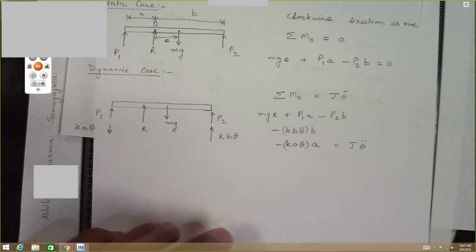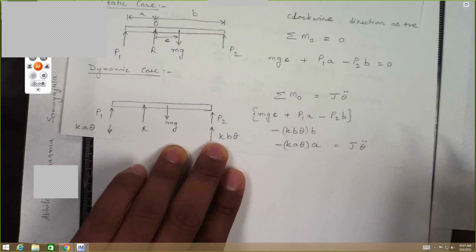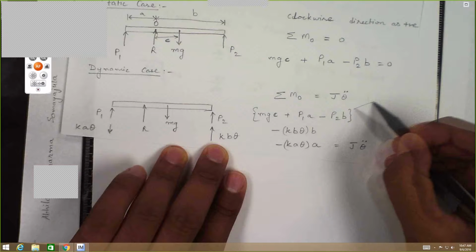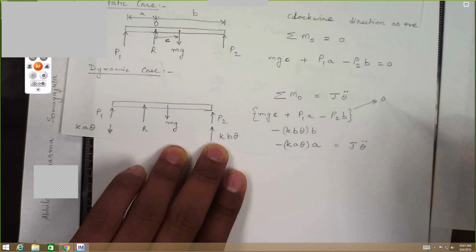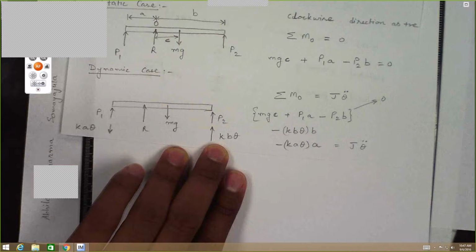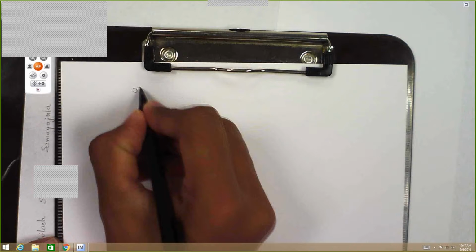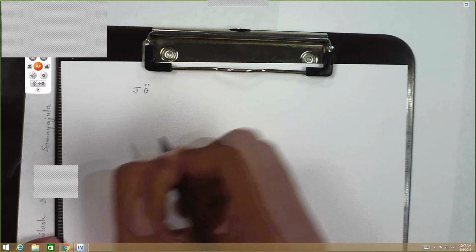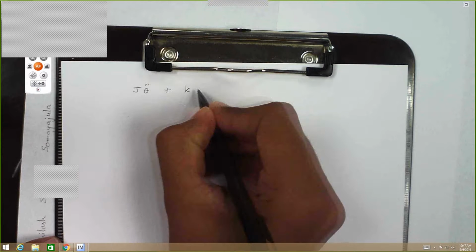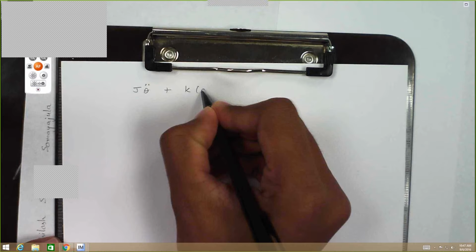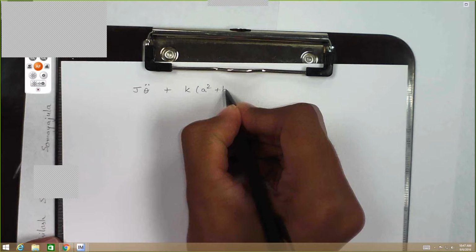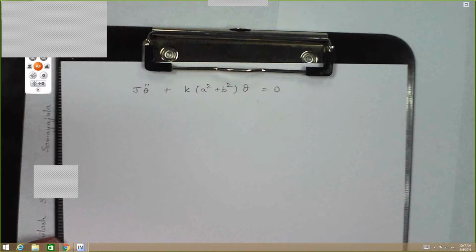Now in this part, we know that the term within this bracket goes to 0. So all we are left with is J times theta double dot plus k times (a squared plus b squared) times theta is equal to 0.